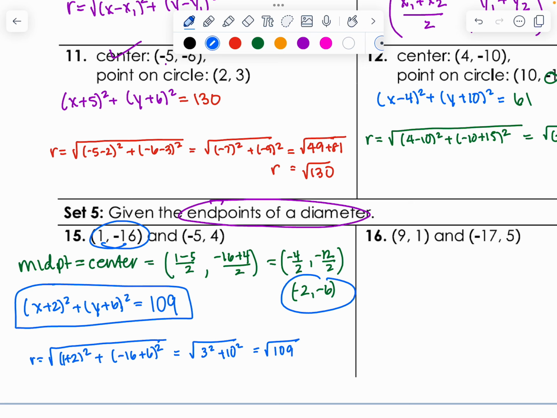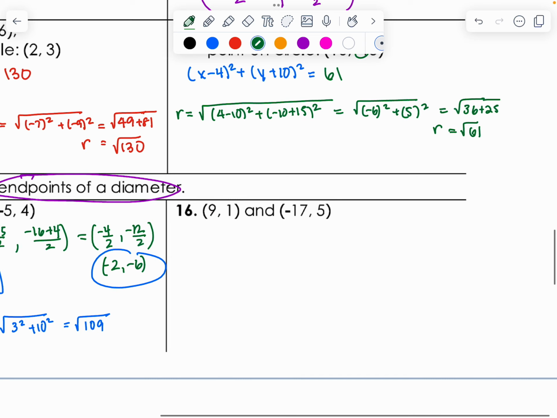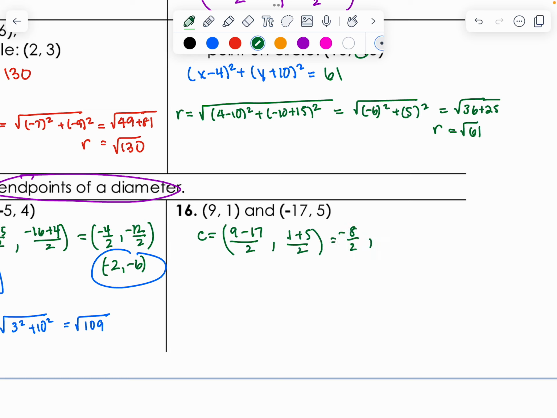Okay, last one together. So I'm going to find the midpoint. My midpoint, which is my center, is going to be 9 minus 17, because it's plus a negative, and then 1 plus 5, which is going to be negative 8 over 2, and 6 over 2, which means negative 4, positive 3.